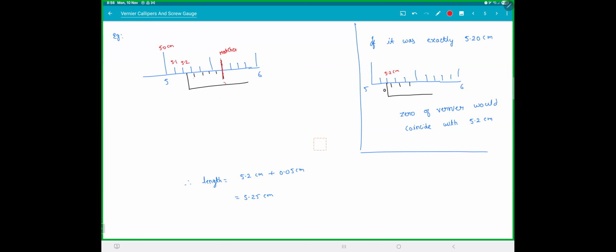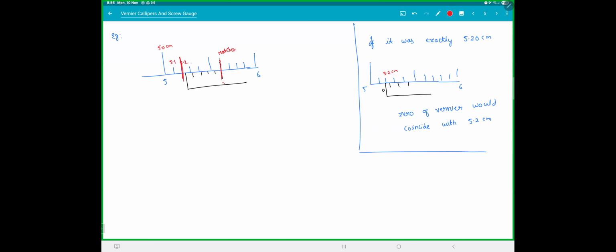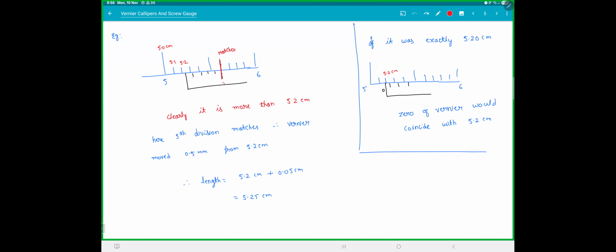So what is the answer for this? This is 5.2 plus something, and fifth division is matching. So it is 5.25. Easy.